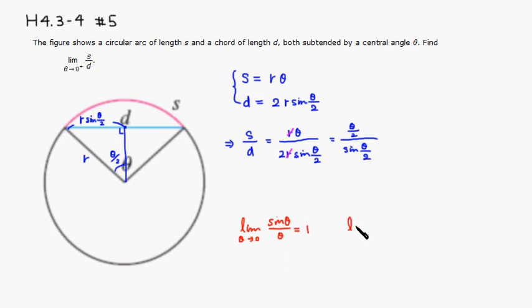It's still the same if you have the limit as theta approaches 0 of theta over sine theta. This is still equal to 1 because it's 1 over 1. So can you use this limit to evaluate the limit of this expression right there?